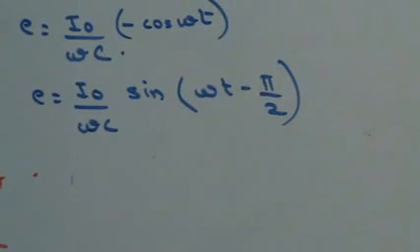If I move clockwise, then in that case you will get this minus cos omega t as sine omega t minus pi by 2.